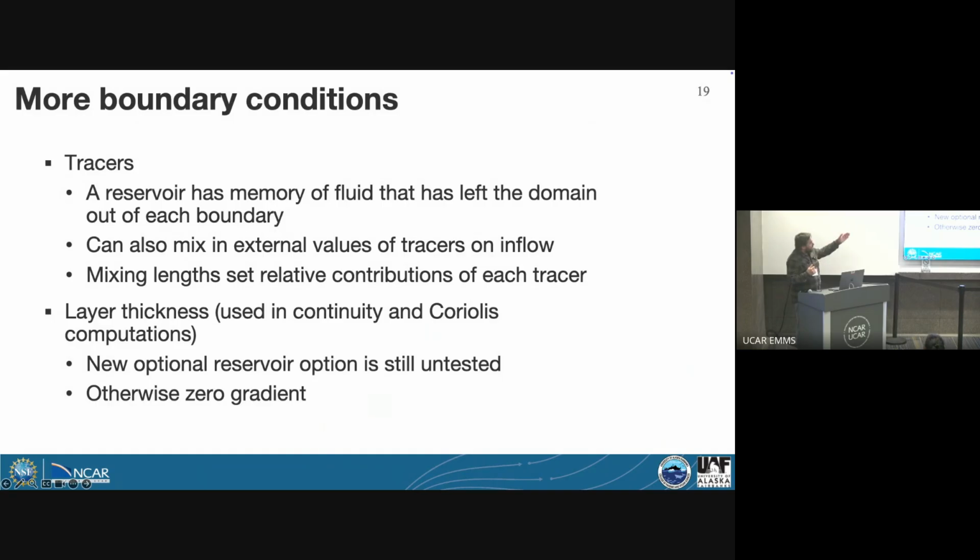And so there is this new reservoir option that has been implemented, but as far as I know, it's not been tested yet. And the reservoir is not going to be the full answer, because the reservoir is just a way to prescribe the boundary, but you still need to feed the reservoir with something at the boundary. And typically if you run with a reanalysis, you don't have those H quantities that you need to pass.